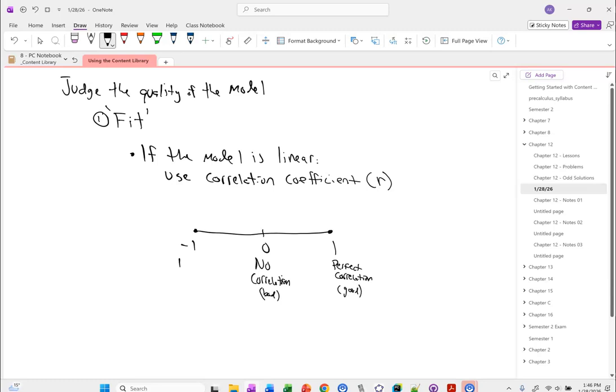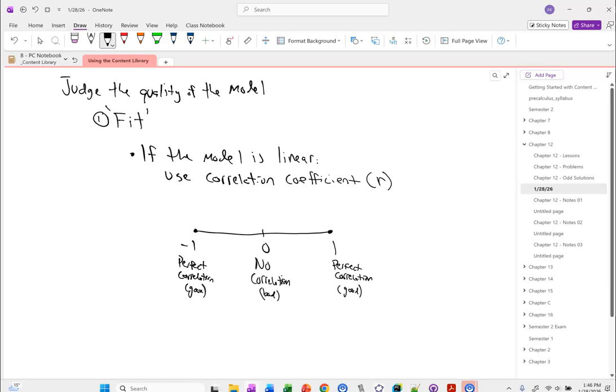That means that the data or the model is an exact fit for the data, meaning that line goes through every single data point in our data set.